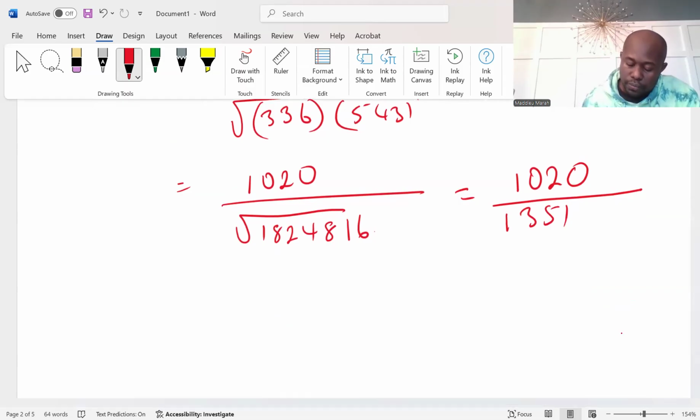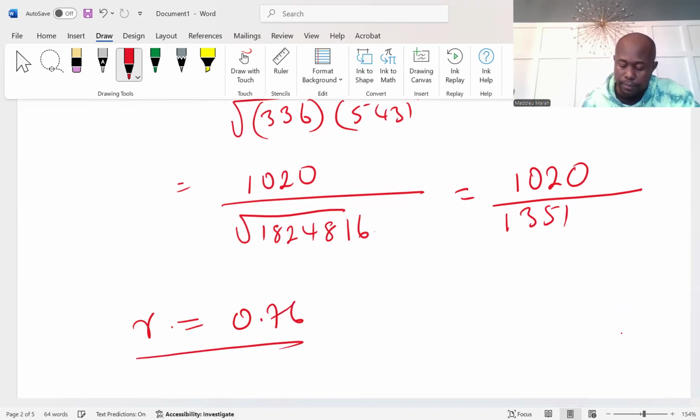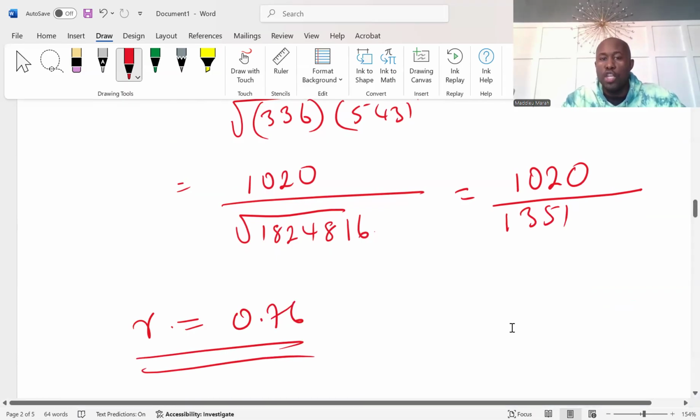So R is equal to 1020 divided by 1351, which gives me 0.76.